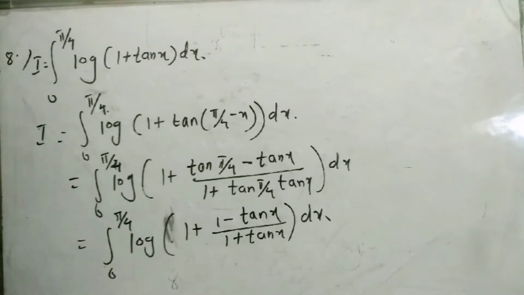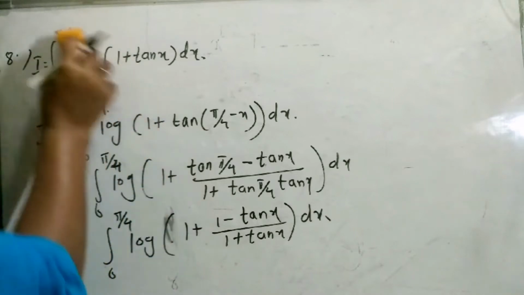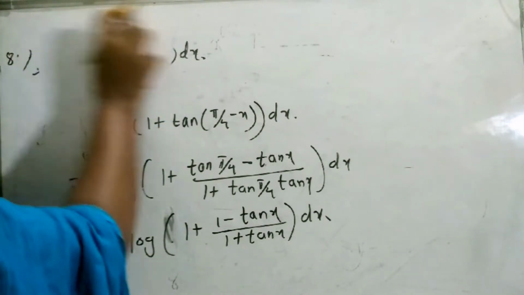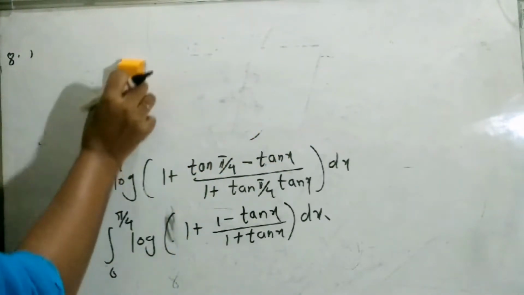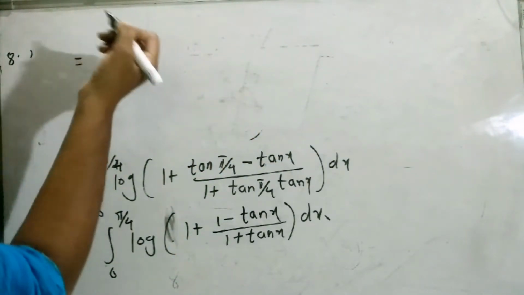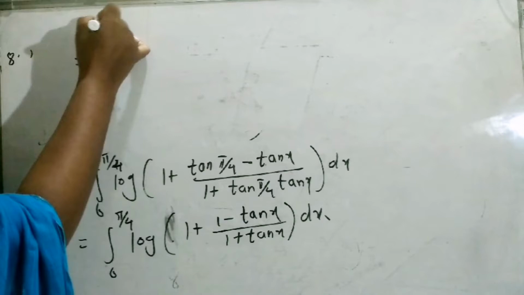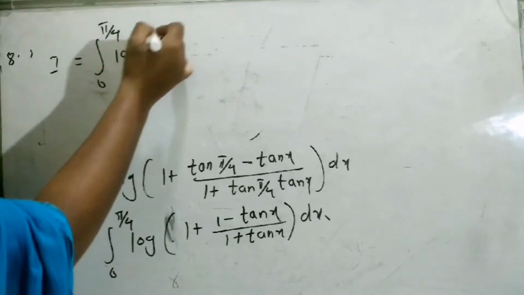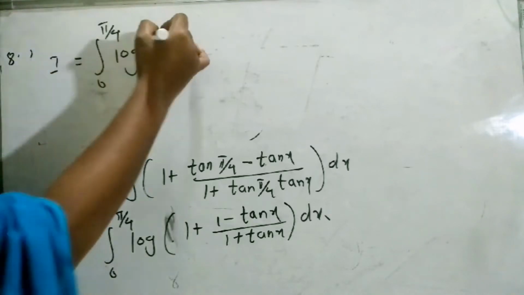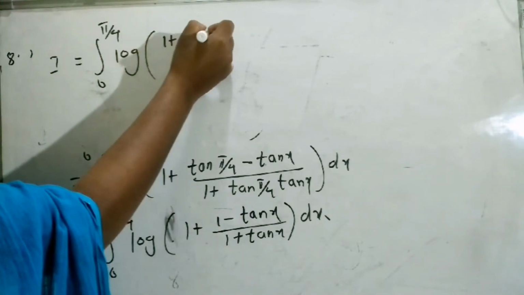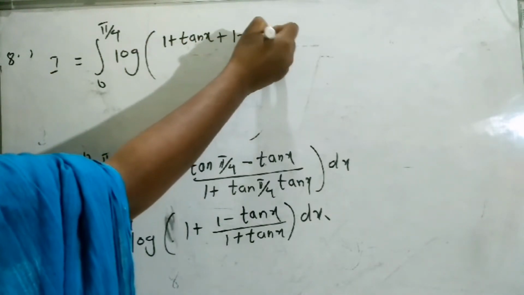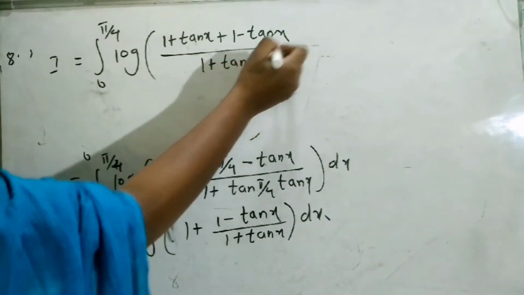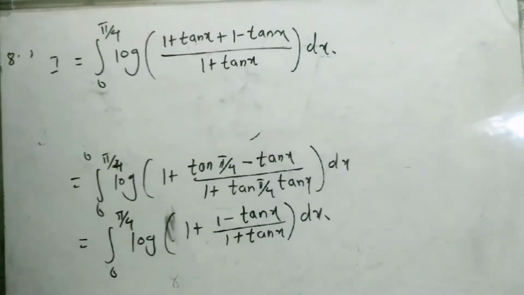Now just take the LCM inside that. Then that is integral 0 to pi by 4 log of 1 plus tan x plus 1 minus tan x divided by 1 plus tan x into dx.